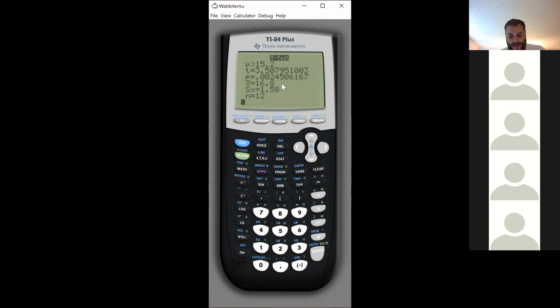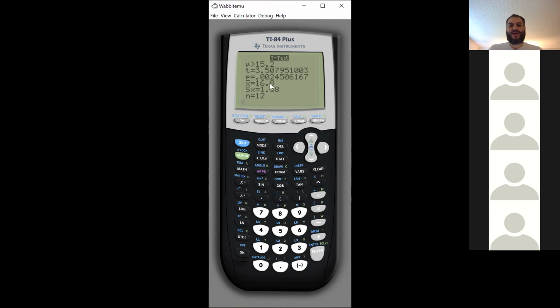Also, since we said greater than, that means this is a right tail test. All right. Everybody good? I got the t-value to be 3.51 and the p-value is 0.002.